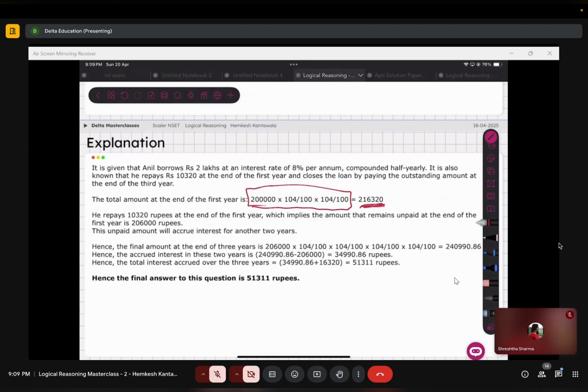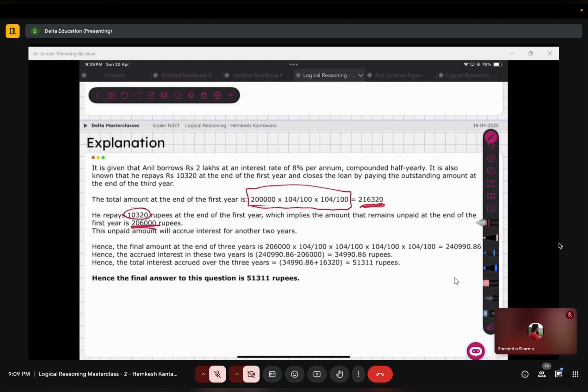Now, at the end of the first year, the person has paid some money from the principal. That money was 10,320. We would directly subtract it from this amount, and that would become our new principal. If we subtract it, we would find that the new principal becomes 2,06,000 rupees.